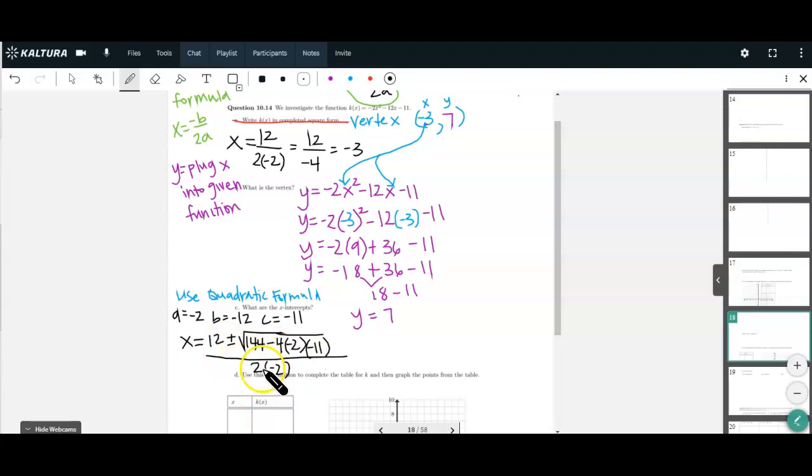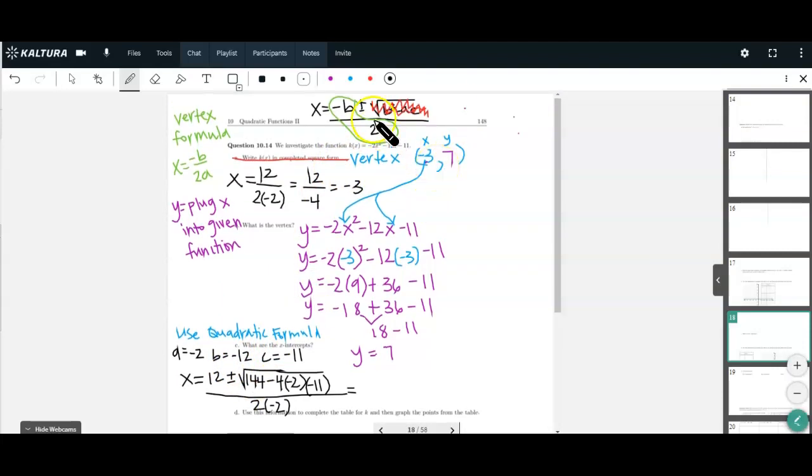I just put all of those numbers in like we did before. How did we get 144? Because we did -12 squared. Remember, our formula has b squared there.